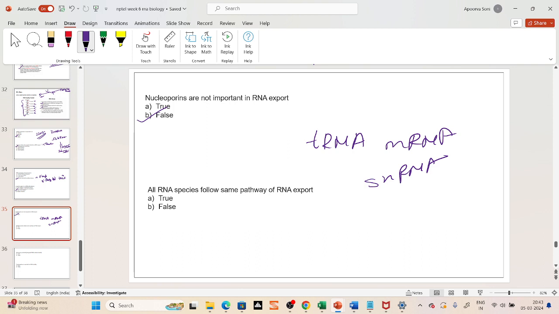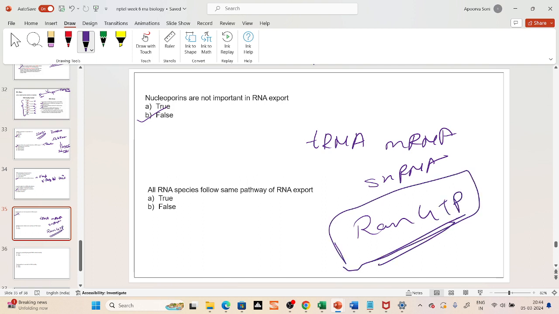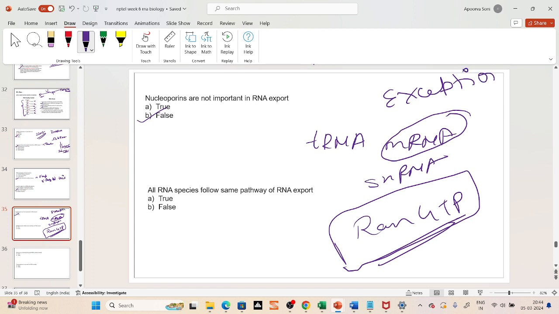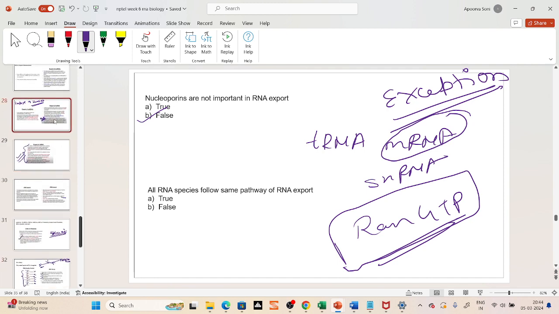Also, one very important point to note here is that in general, for the export of RNA from the nucleus to the cytoplasm, we need RAN GTP. But this RAN GTP is not used for the export of mRNA. mRNA is an exception. Always remember this.